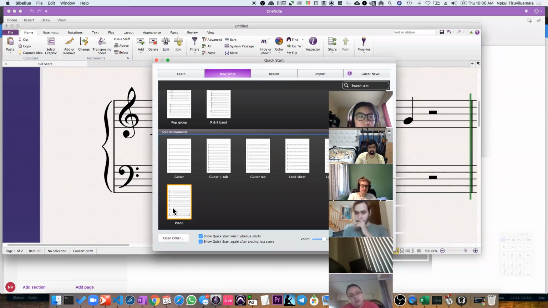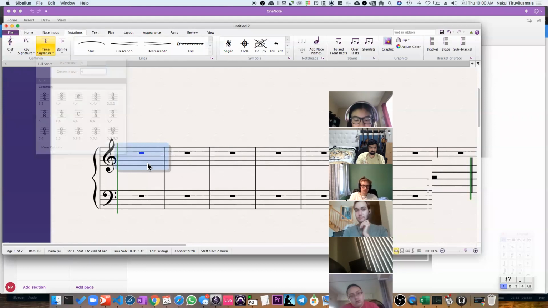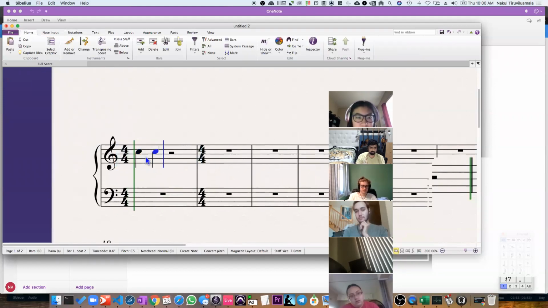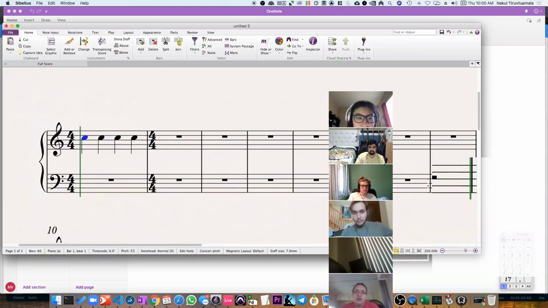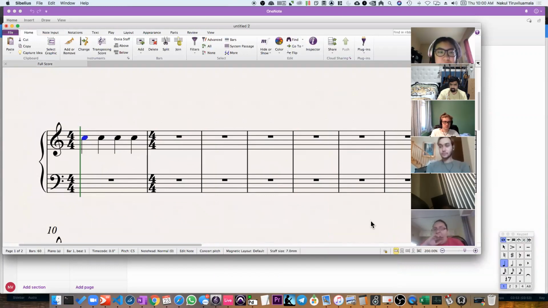Certain time signatures have certain characteristics. If we're in the time signature of 4/4, obviously there are 4 beats in the measure. Here is the accent, and here is a weaker beat.